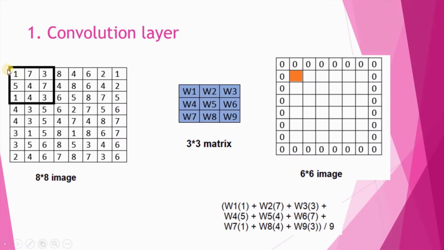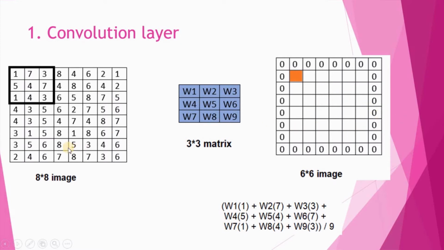Means we have to update the value in this middle region, but we cannot place this shaded region over the border, so we put 0 over the border side. And then this filter maps to all regions of this image, and finally it updates the pixel values.